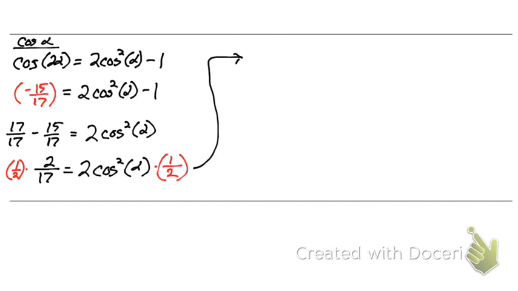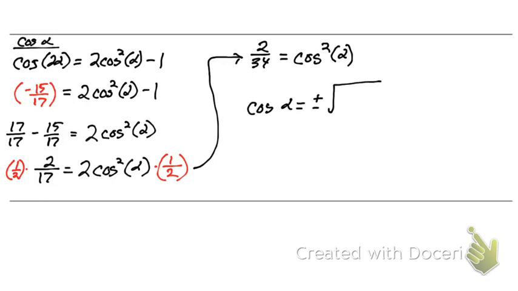So we're going to have, multiplying by 1/2, 2 over 34 equals cosine squared alpha. Now we're going to take the square root of both sides, and we're going to end up with cosine alpha equals plus or minus the square root of, well, what's 2 over 34? I'm going to simplify that real quick.